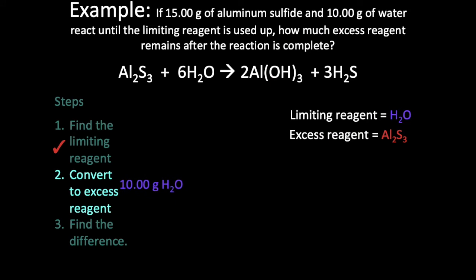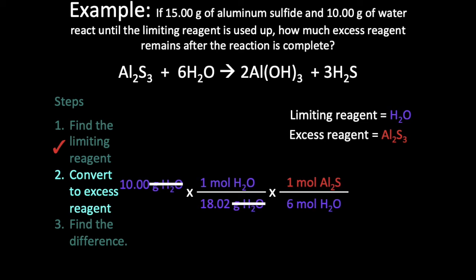So we do this just like we've been doing with the other stoichiometry that we've looked at when we did the mass-to-mass conversions. We start by using the molar mass ratio so that we convert out of grams and into moles. Then we use our mole-to-mole ratio that we get from looking at the coefficients that are in the chemical equation. That allows us to switch from moles of water to moles of aluminum sulfide.